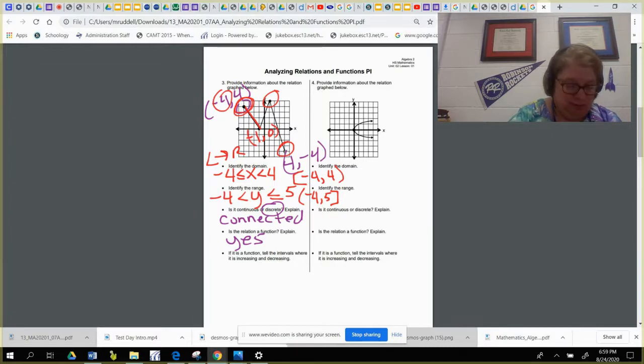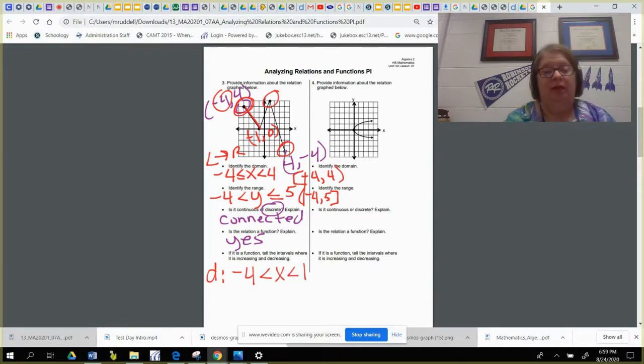That's a decrease. Where x is between -4 and -1, that's a decrease.